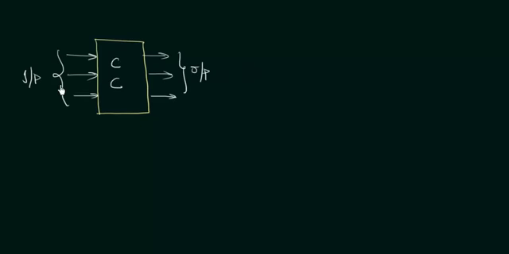But if I want to make a sequential circuit, then what do I have to do? I have to first make a combinational circuit. This is our combinational circuit in which there are 3 outputs, same as in this case, and let's say 3 inputs. Now to make it a sequential circuit, we need a memory element.